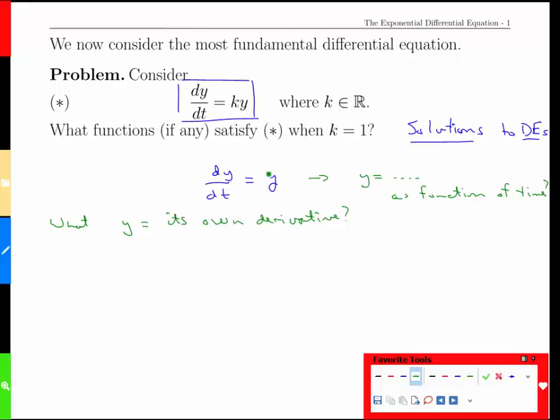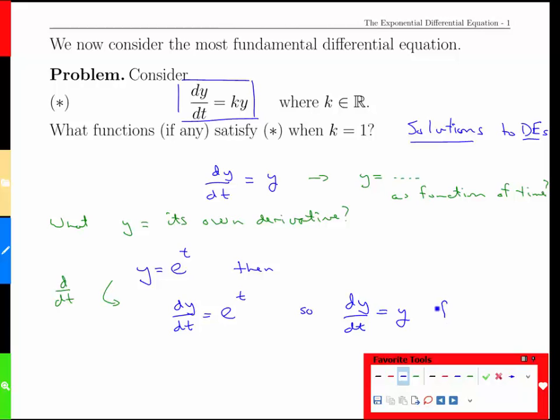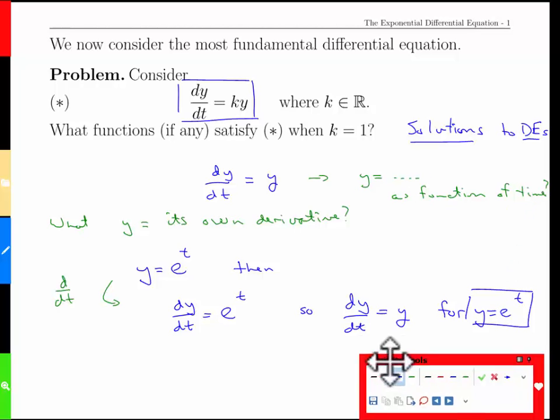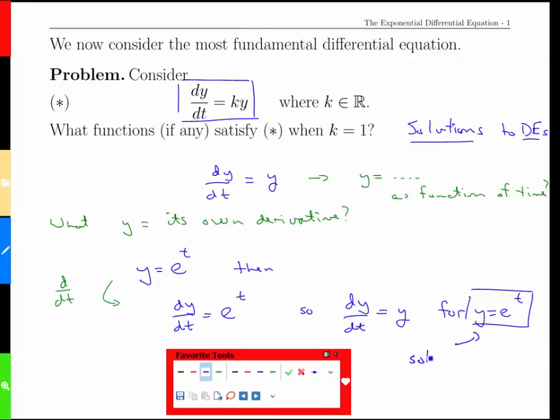If you think back to all the functions, polynomials, trig, exponentials, if we have y equals e to the t, then dy dt, we take a derivative with respect to time, is going to give us e to the t as well. So for that particular solution, dy dt is equal to y for y equals e to the t. And then we have our y as a function of time as our solution.